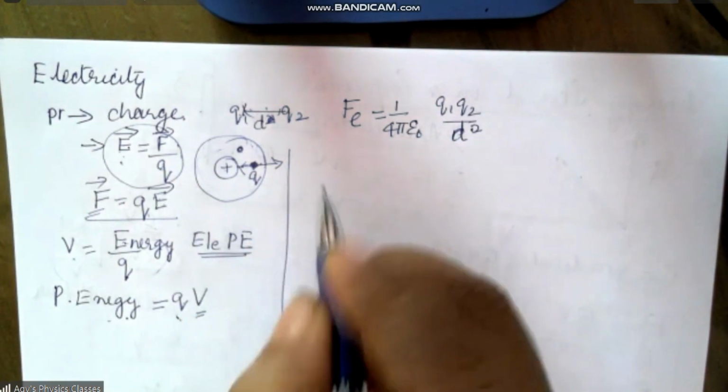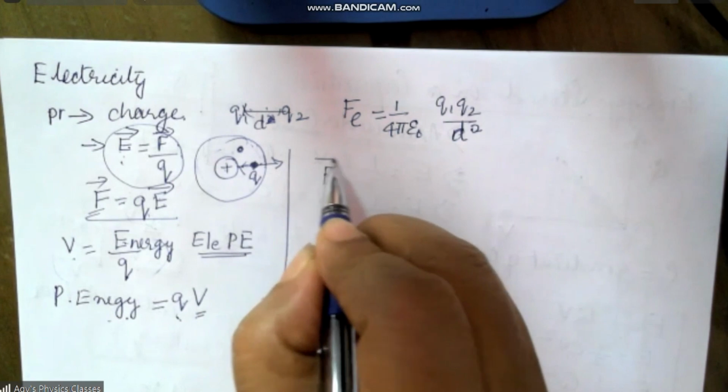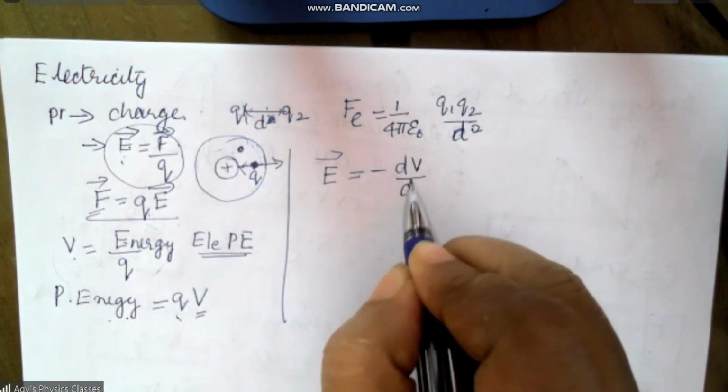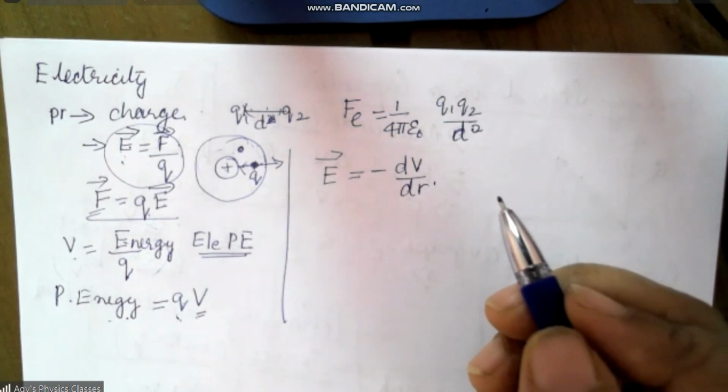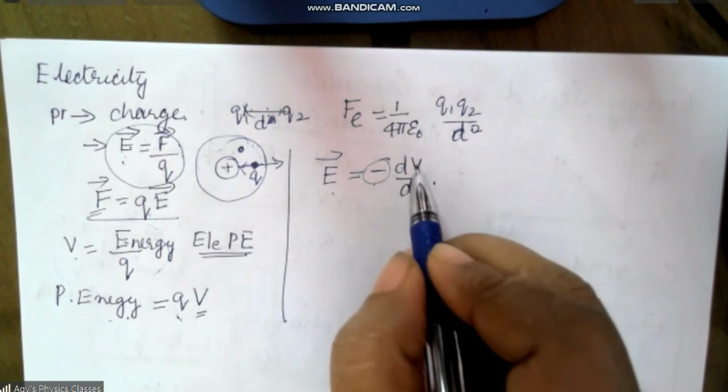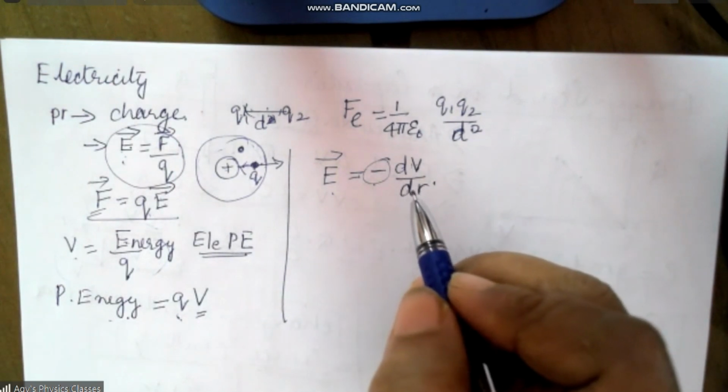Also, we have seen that electric field strength is the negative of change in potential by change in distance. The electric field is in the direction of decreasing potential.